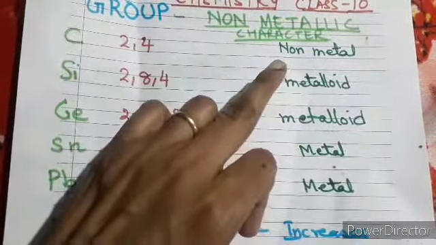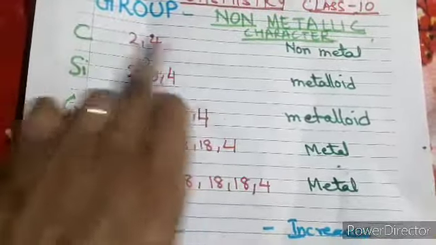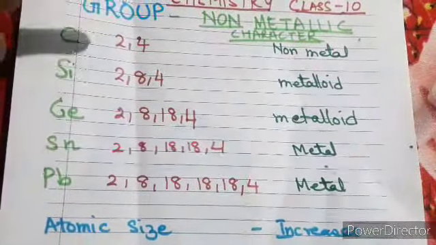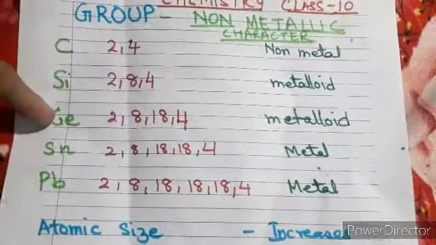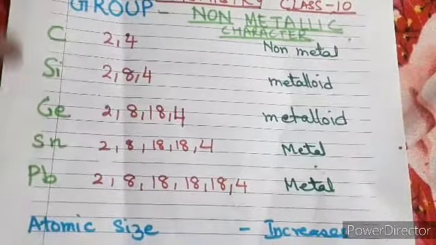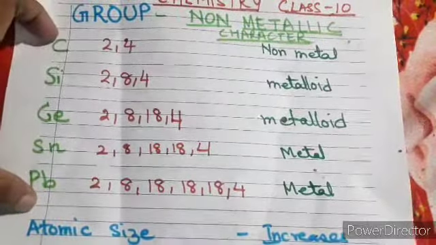And I have written the nature or characteristics of these elements, how they behave. Carbon is a non-metal, over here it's a metalloid, this is also a metalloid, and then these are behaving as metals. But we have to see why they are behaving in such a manner.